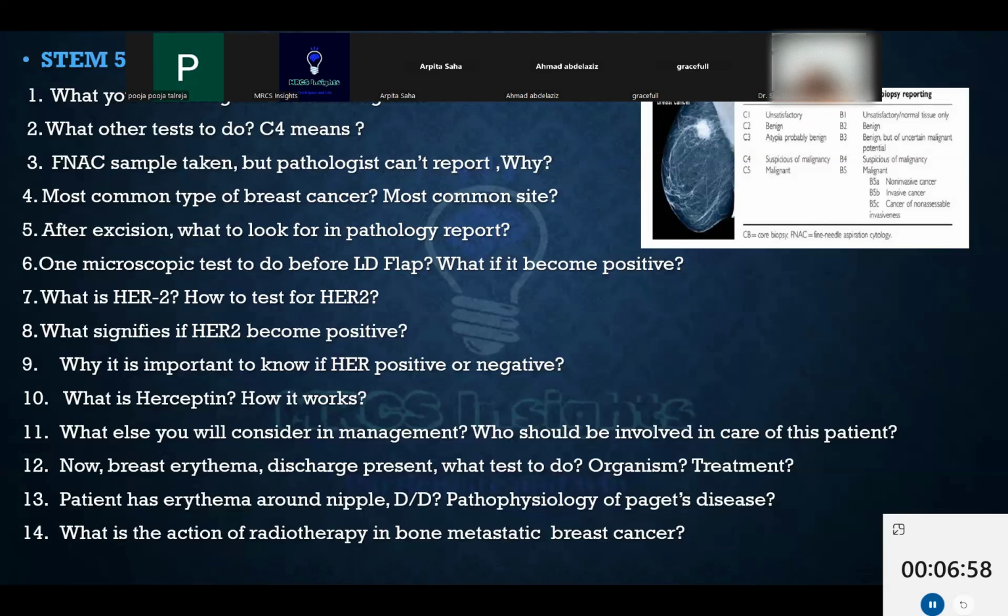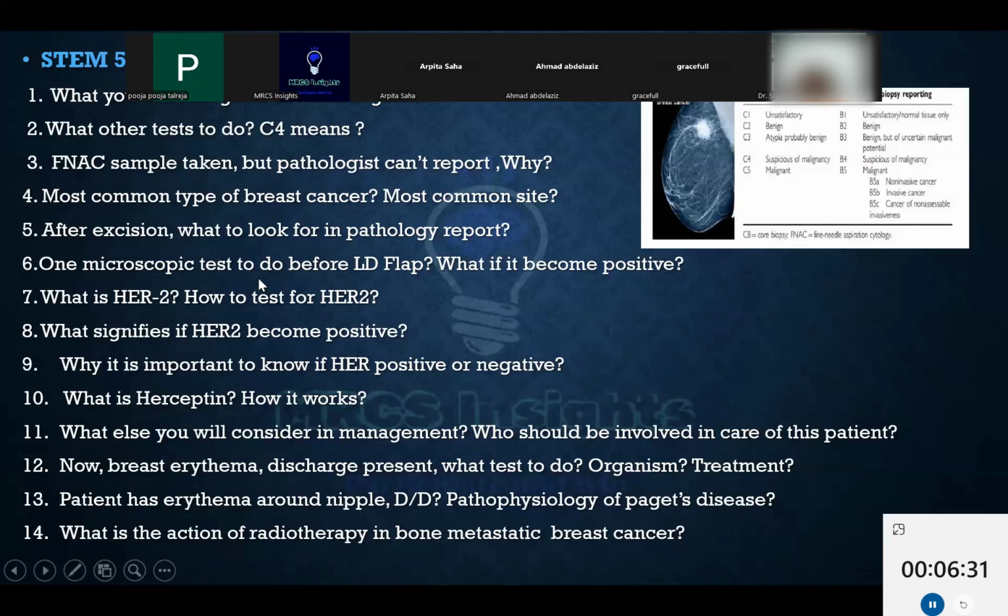I'll look for the margins, whether they're involved or not, and the depth of the lesion. I'll also do immunohistochemistry and look for whether they are ER or PR positive. Any other thing? Yes, lymphovascular invasion. Very good.